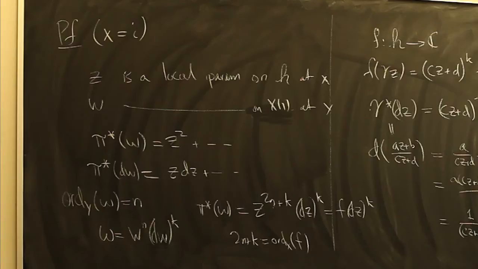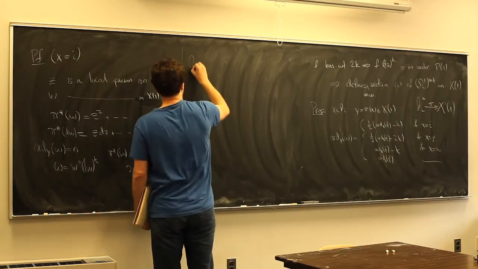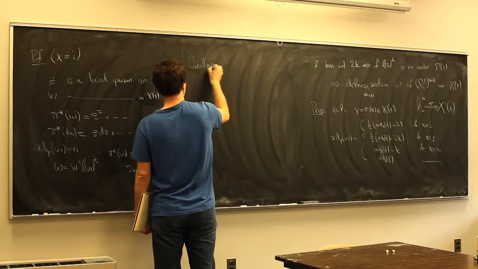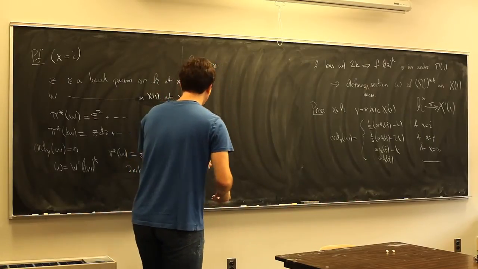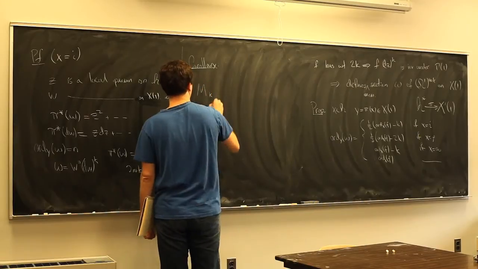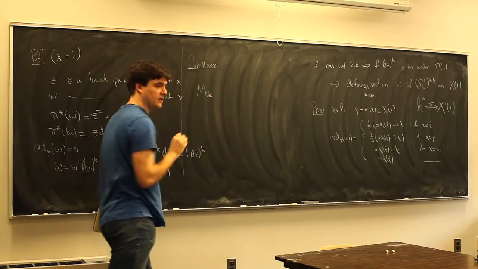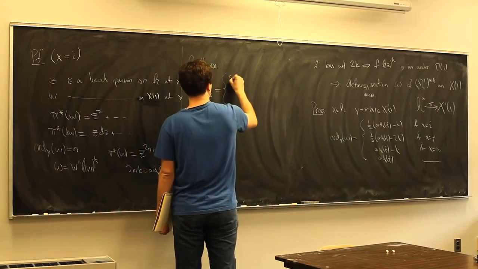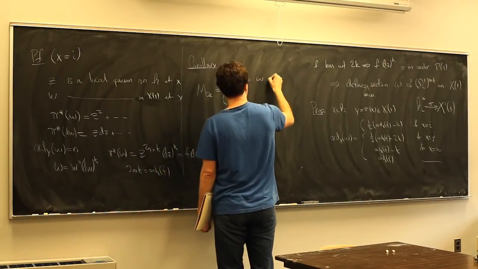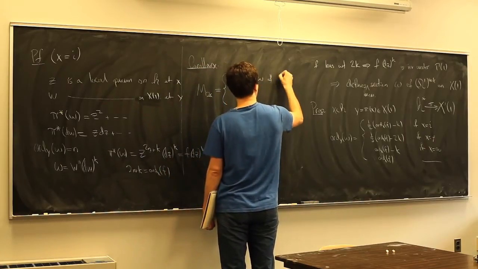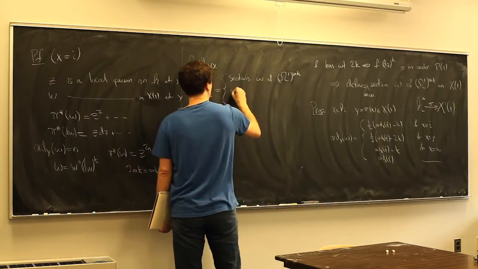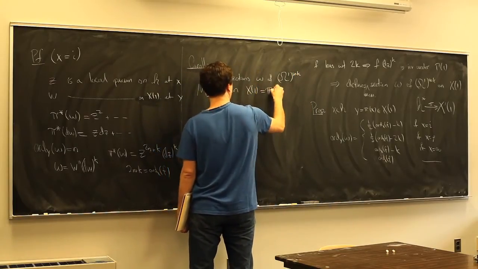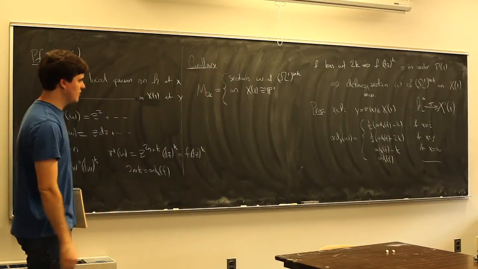But this is really useful because now we can actually compute something. So here's a corollary. Remember M_2k is the space of modular forms of weight 2k. We can identify this with sections omega of omega 1 to the k on X1, which is just P1, that satisfy certain local properties.